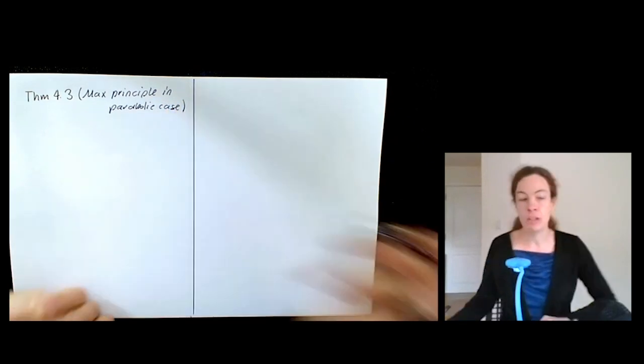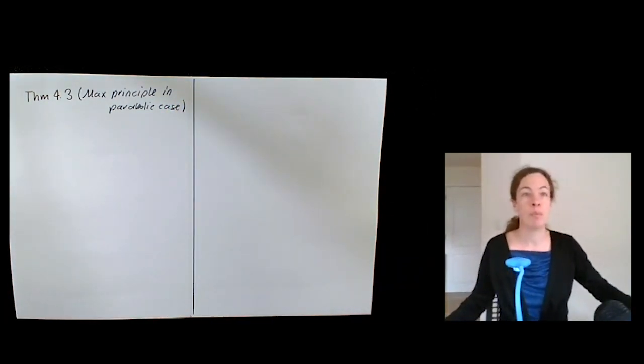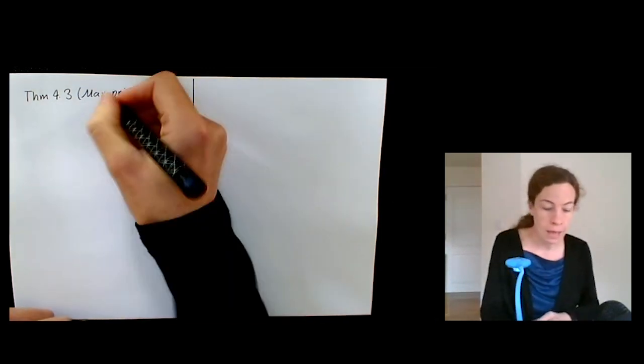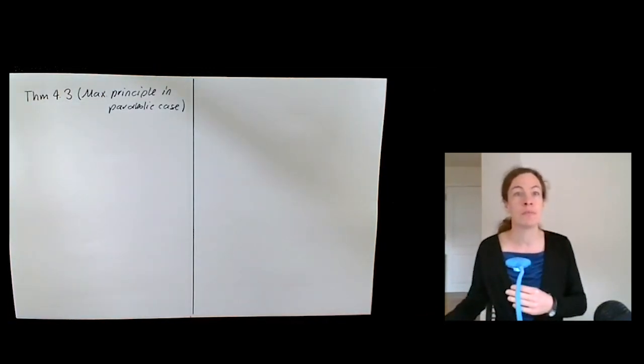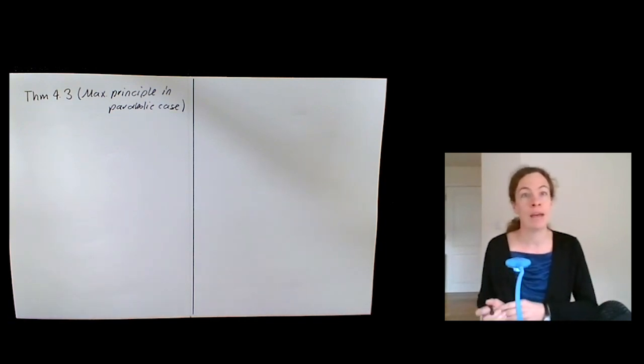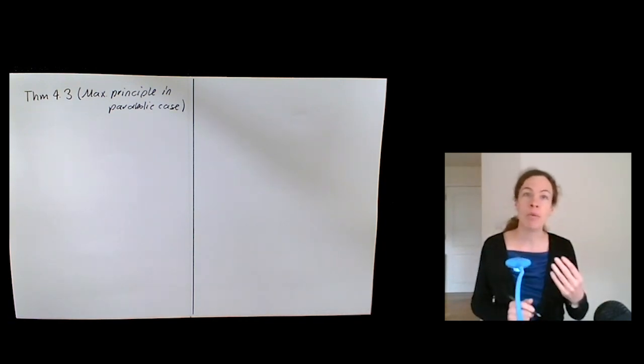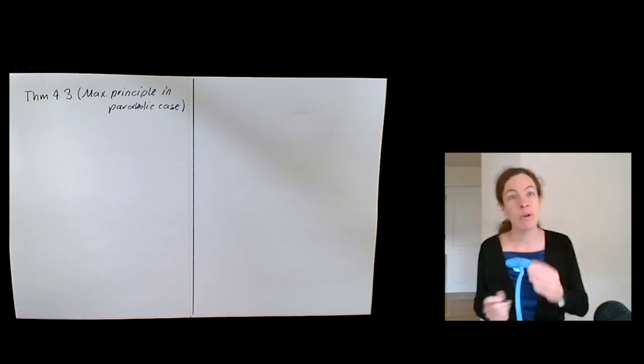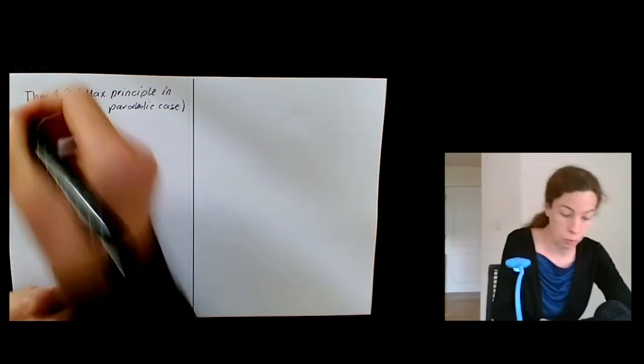As already mentioned, in the situation of the elliptic maximum principle, there are quite a lot of different versions of the maximum principle, and here we're just going to go for the simplest version because that will make our life easier for the proof, but it already gives you some insight of what a maximum principle can do and also a little bit of what it can't do.